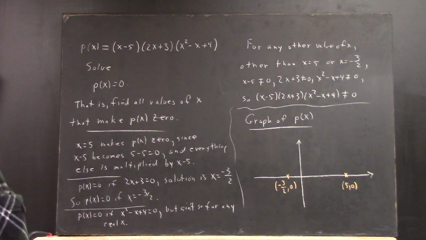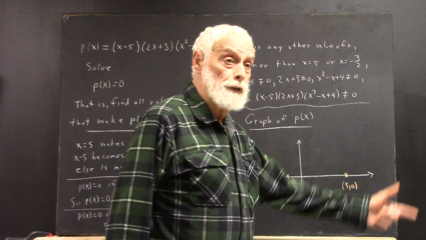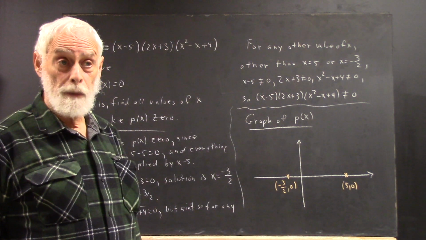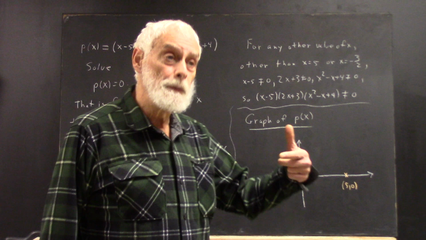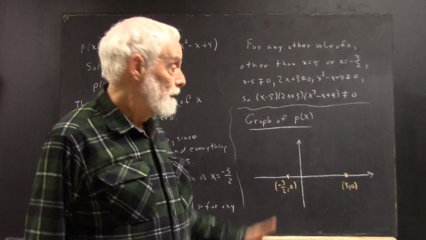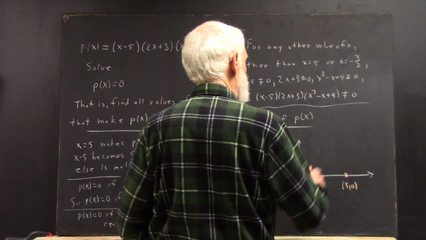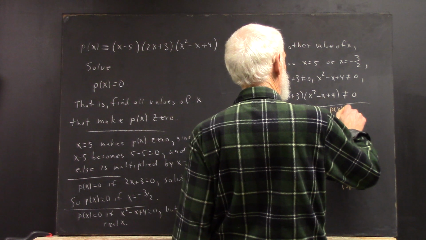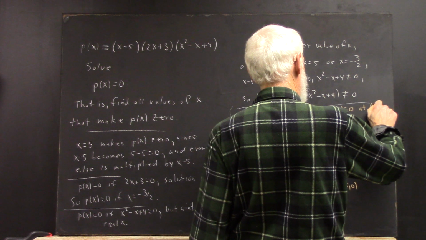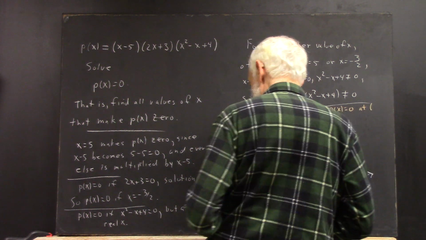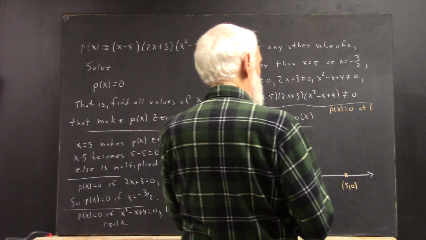So we know we've got these 2 points. We also know that the graph doesn't go through the x-axis anyplace else. How do we know that? Because if it did go through the graph someplace else, P of x would be 0 at that value. And it can't be. Okay? So, I made an incorrect statement because I'm not thinking.